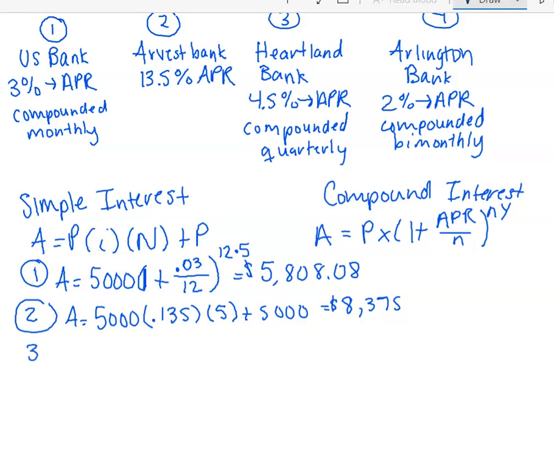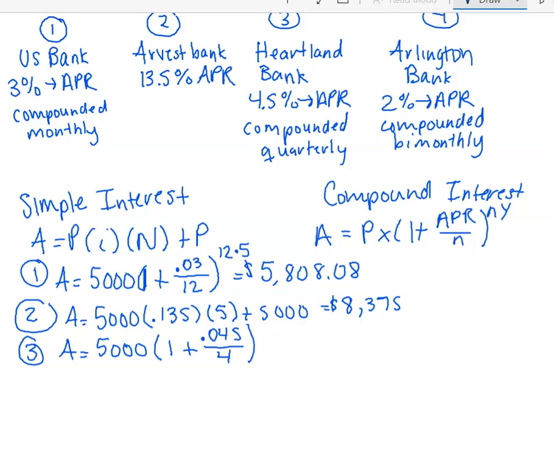Okay, the third bank, which was Heartland, once again, I see the word compounded, so we're starting out with 5,000. We're going to use the compounded formula times 1 plus the APR. Well, we need to do 4.5 divided by 100 to change that to a decimal of 0.045. n is how many times it happens per year. If it's compounded quarterly, there's 4 quarters in a year.